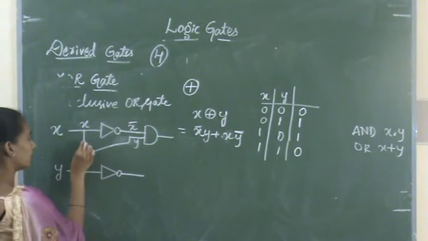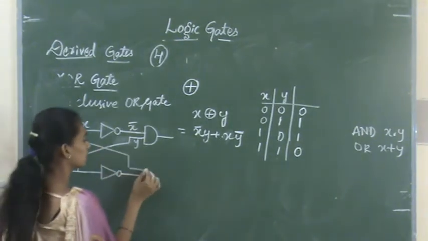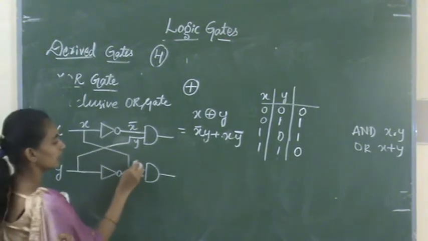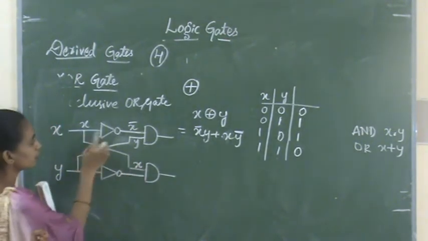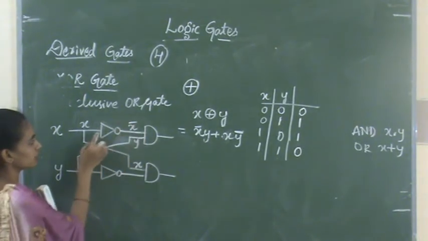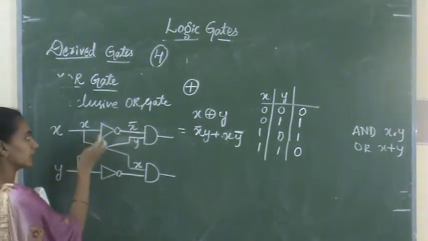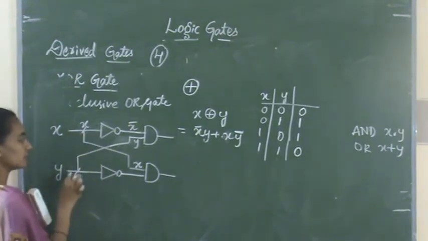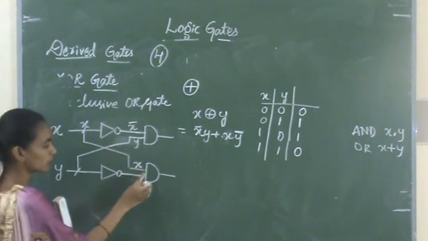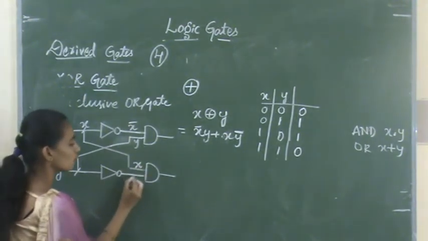So I have to take this x. If I am taking x here, you will get x bar after complementing this. Before complementing, I am taking it here. So this link represents it here. This is x, and this is y bar.